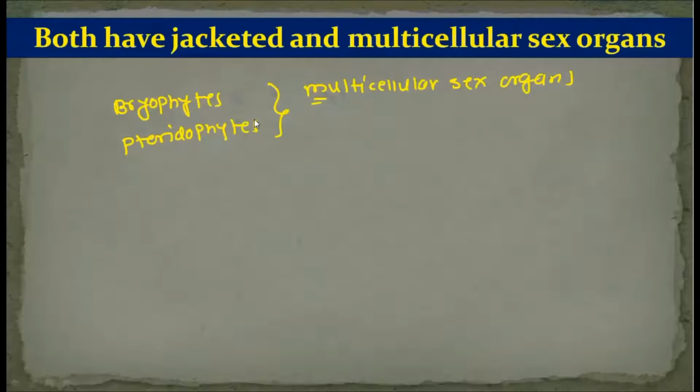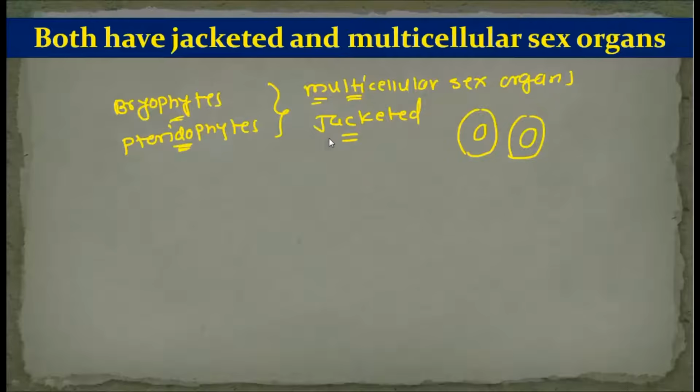So, in both bryophyte and pteridophyte, the sex organs are multicellular, plus they are jacketed. Jacketed means they have an external covering of jacket around the sexual organ, and this jacket is found in both bryophytes as well as pteridophytes.